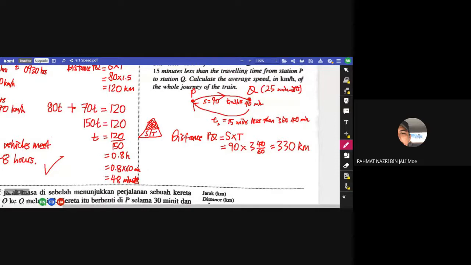Okay, we found the distance already, we will use this after.